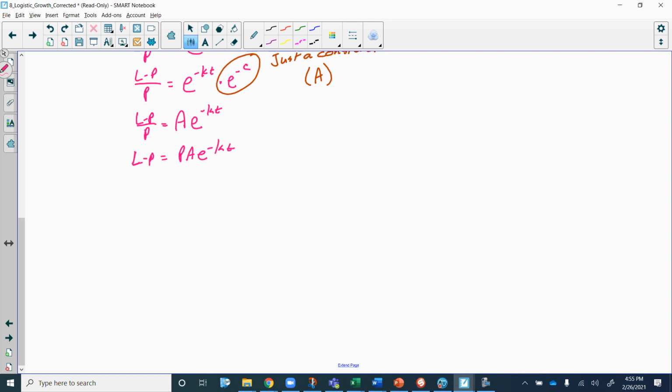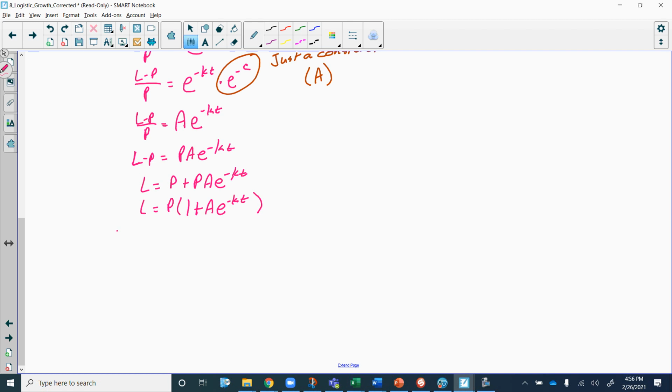Negative kt power. And then we can move the P from the left side to the right side through addition, and that'll give me L equal to P plus P times A times e to the negative kt power. Factoring out the P, I'll get P times (1 plus A times e to the negative kt power), and you can see how it's all coming together now.